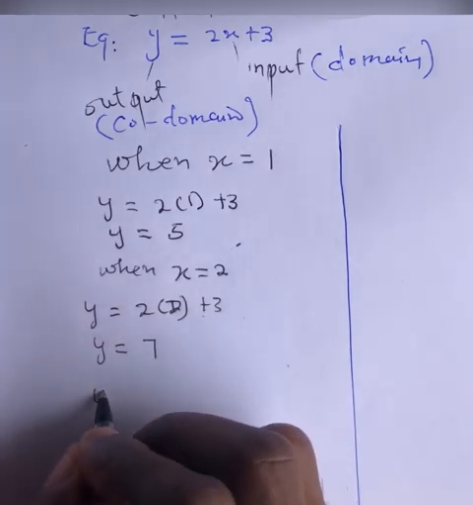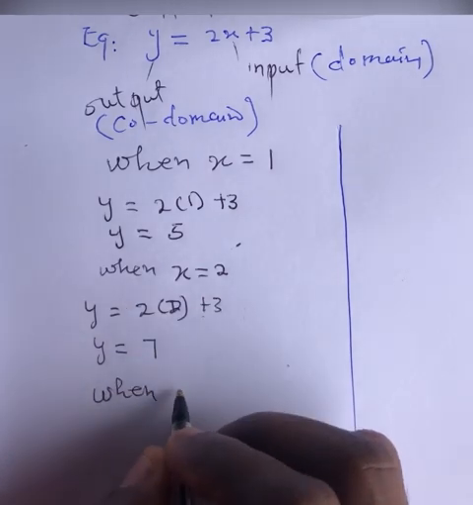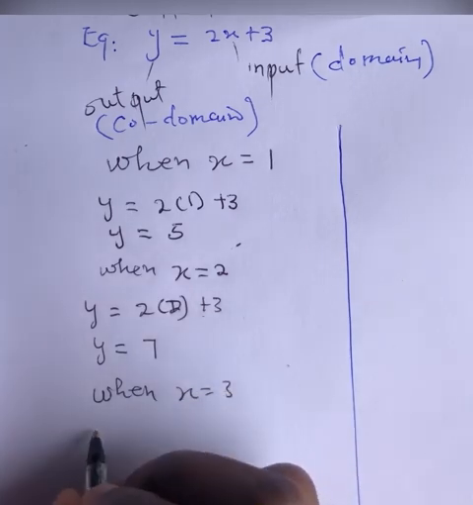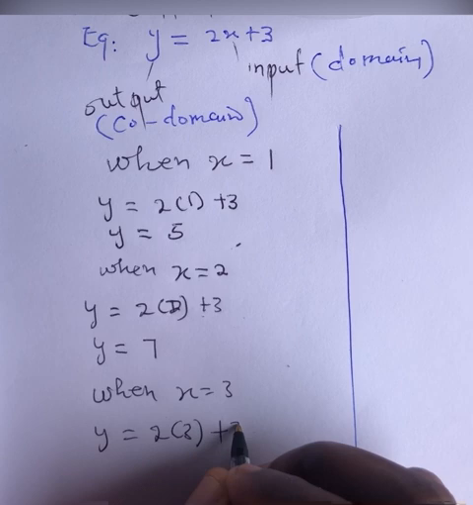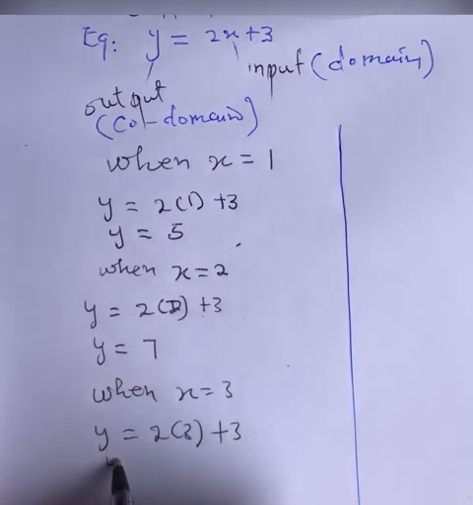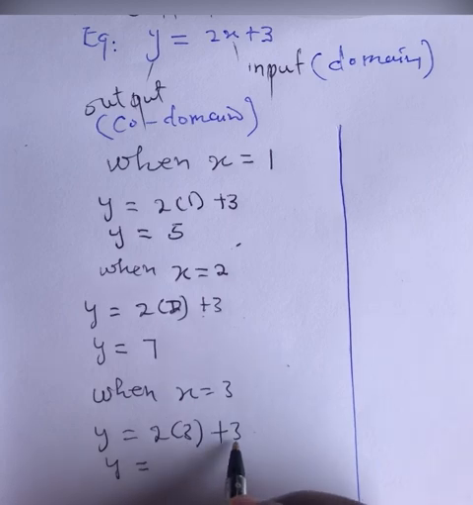And let's take this one. When x equals 3, then you have y equals 2 times 3 plus 3, which means that our y is equal to 6 plus 3, that gives you 9.